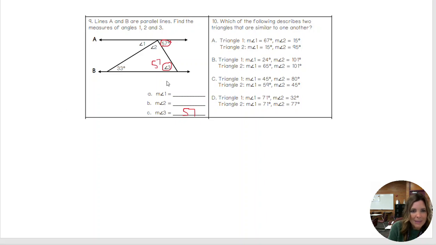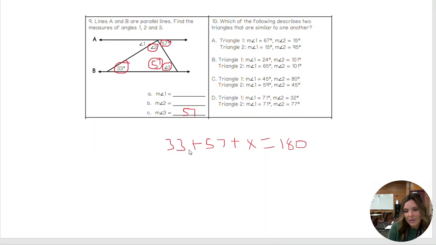And then we can say that this angle right here, angle B, this angle right here, angle 3, and this angle right here, number 2, all have to add up to be 180. So if you take 33, add it to 57, add it to the one that you don't know, that has to equal 180 because the three interior angles of a triangle have to equal 180.